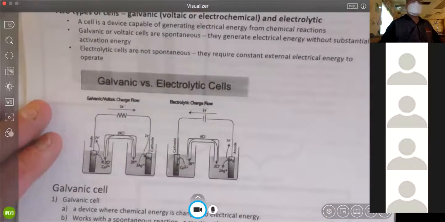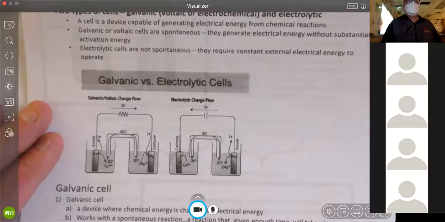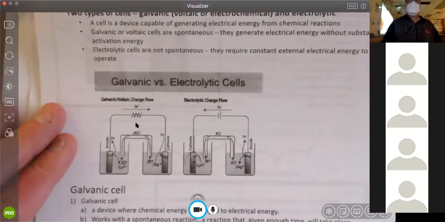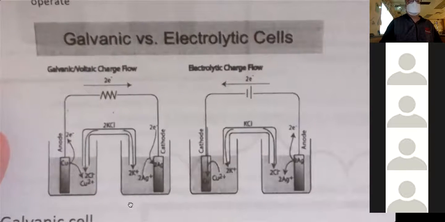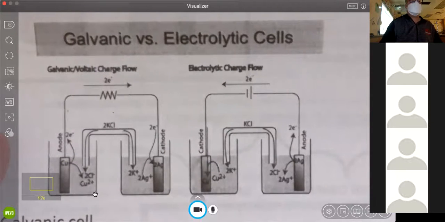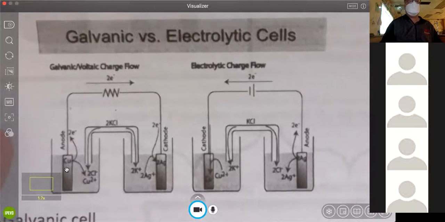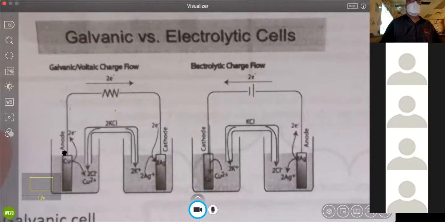Let's take a look here. Here is an example. So if we take a look, here we have copper being the anode. The anode is where oxidation takes place. Oxidation is a loss of electrons.